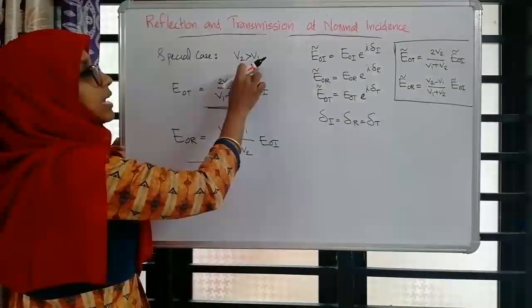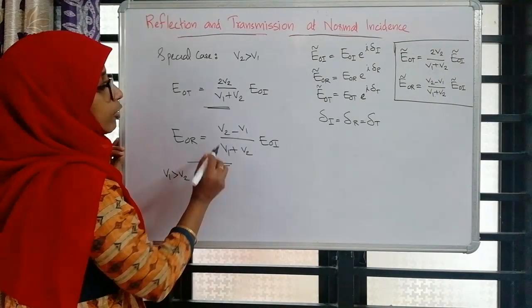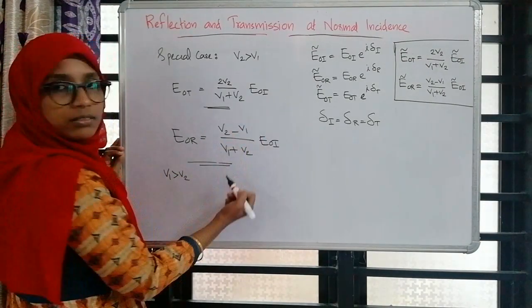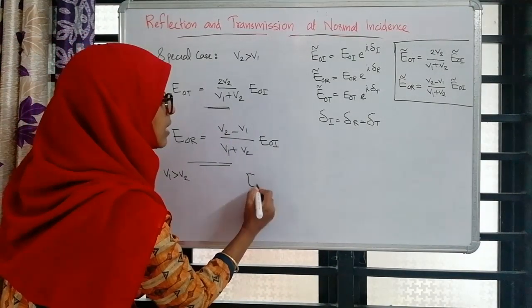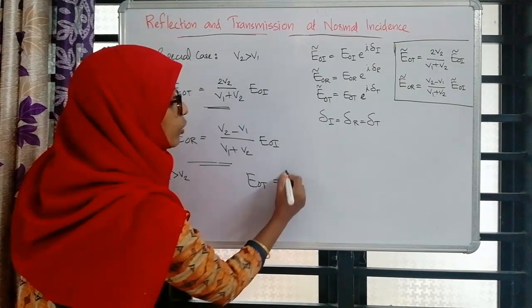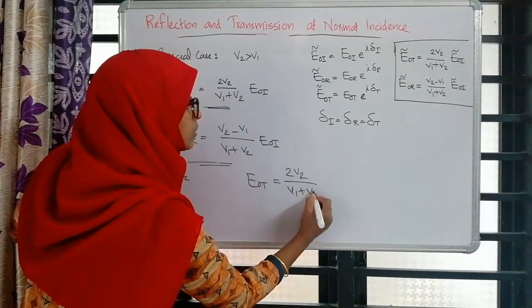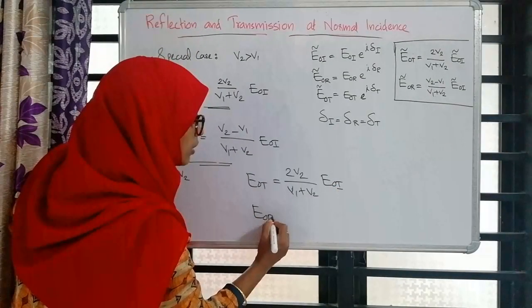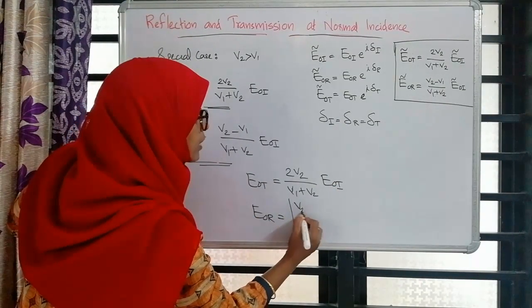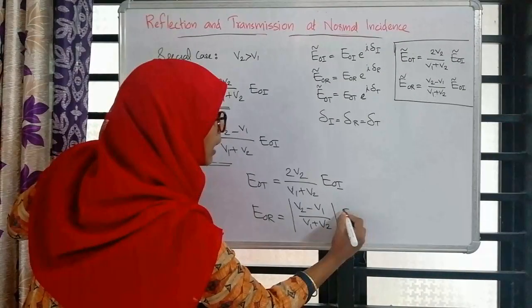When V2 is less than V1, or V1 is greater than V2, there will be a sign change in these equations. So we can generally write these equations as E0t is equal to 2V2 by (V1 plus V2) E0I, and E0R is equal to the magnitude of (V2 minus V1) by (V1 plus V2) E0I.